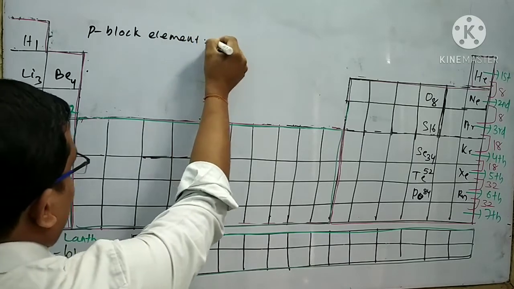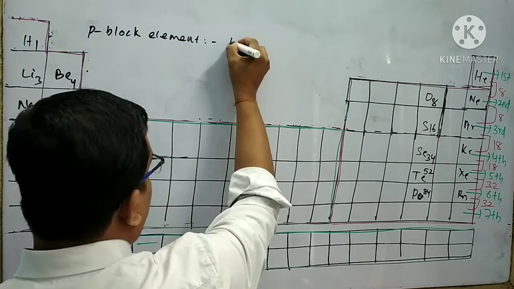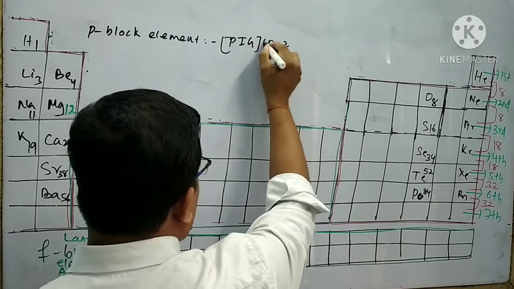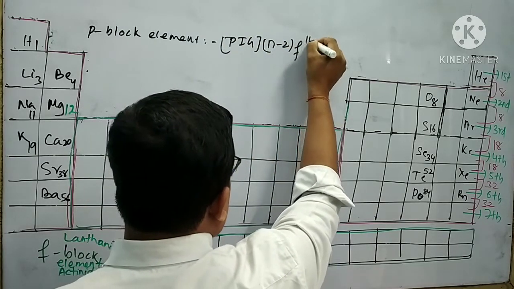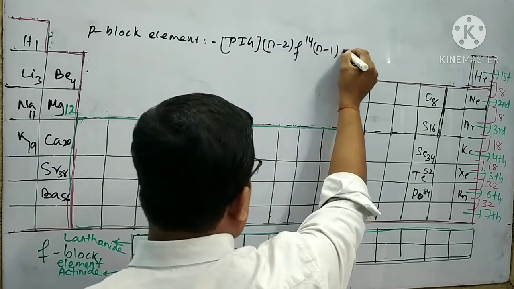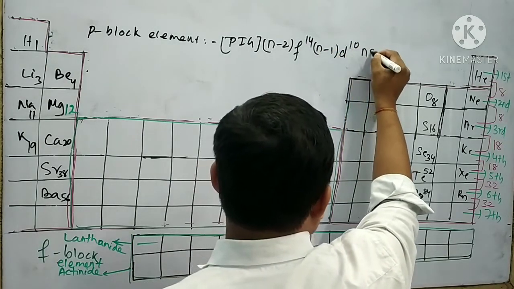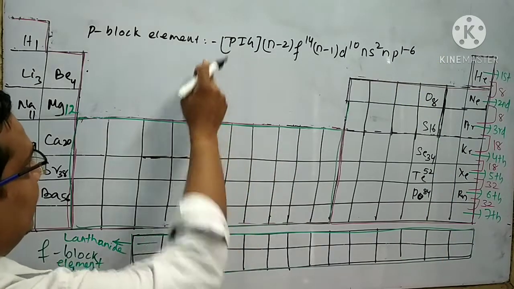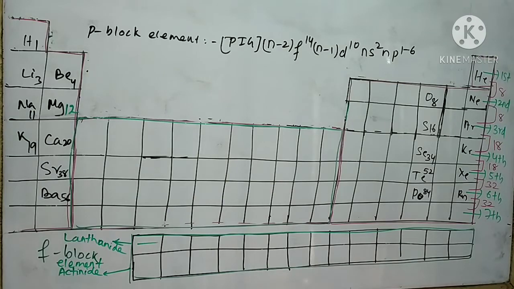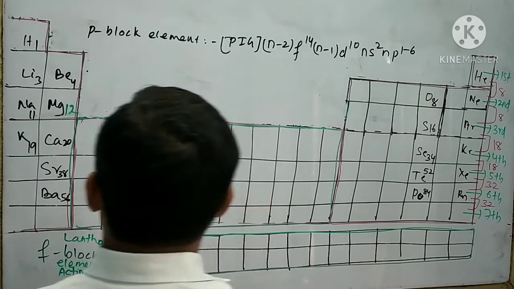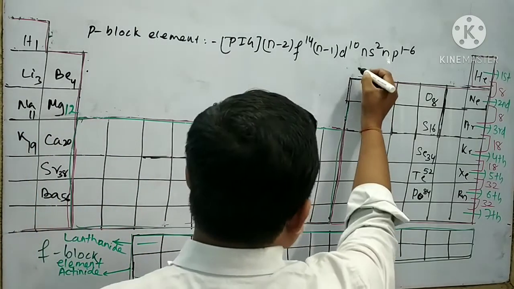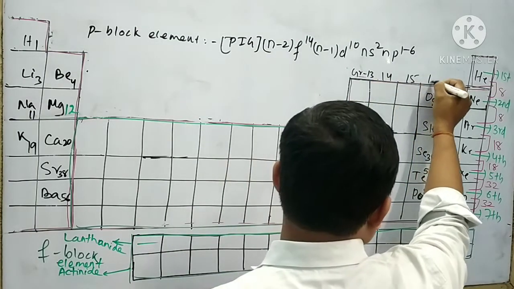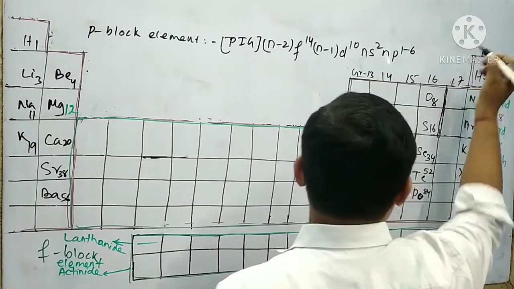The general electronic configuration is previous inert gas (n-2)f14 (n-1)d10 ns2 np1 to 6. This is the general electronic configuration of an element present in the p block. This is your group number 13, this is 14, 15, 16, 17, 18.